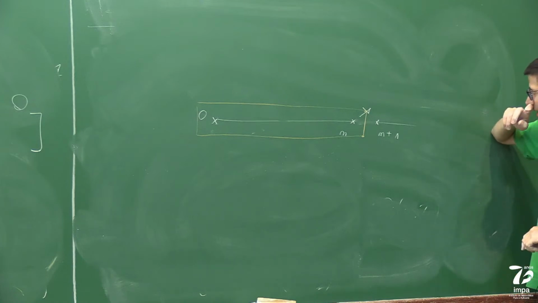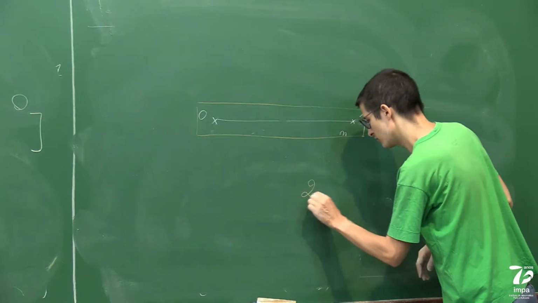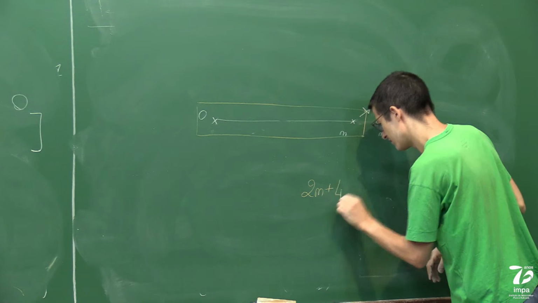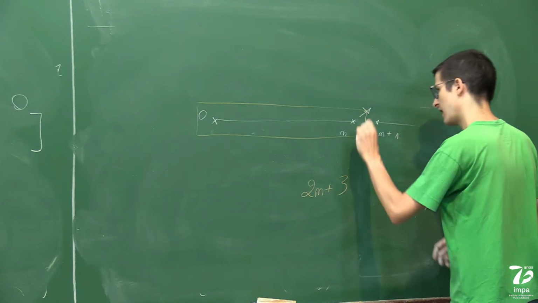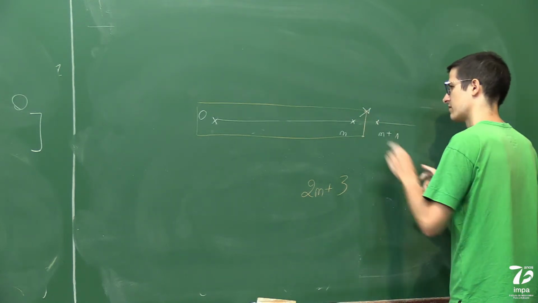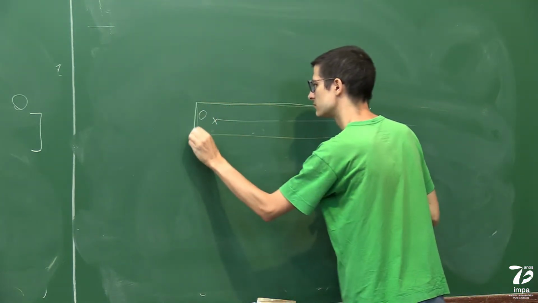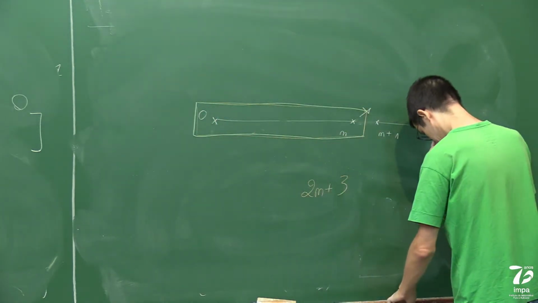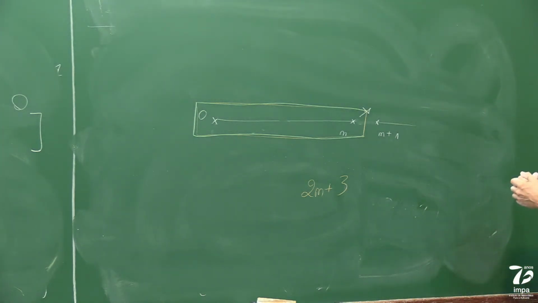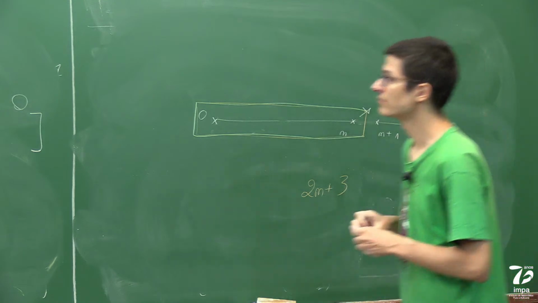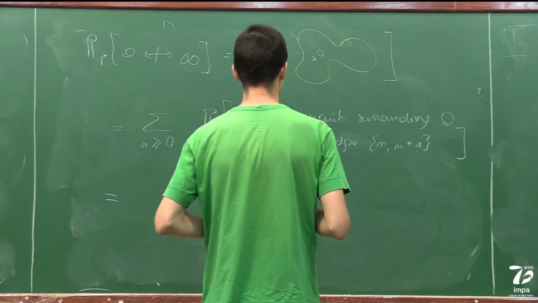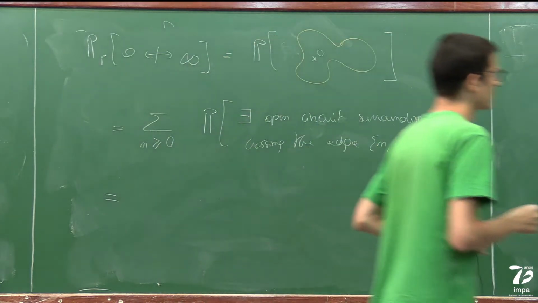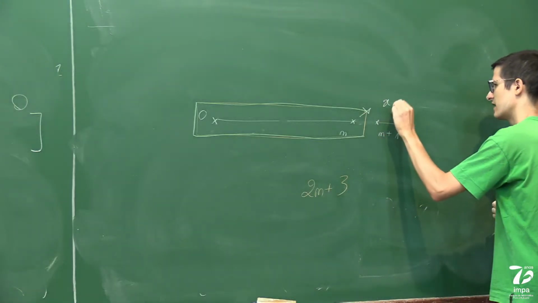The length is at least, I think, 2n plus 4. In fact, that's 2n plus 3, because I'm not counting this edge. Let me call this xn.